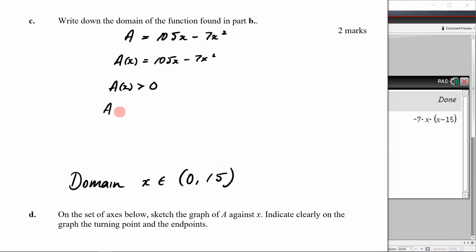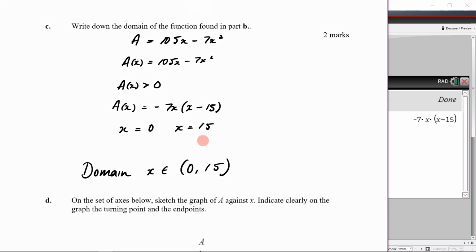We could say that A of x is equal to negative 7x times (x minus 15). So that means x would be equal to 0 and x would be equal to 15. And hopefully that would be enough working for everything we have to prove here. So we're proving that I have an x-intercept occurring at 0 and another one at 15 by utilizing this factorized form here.